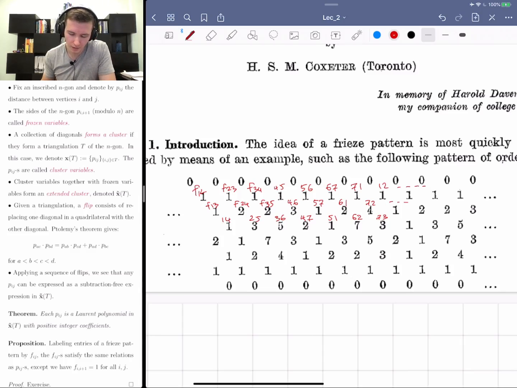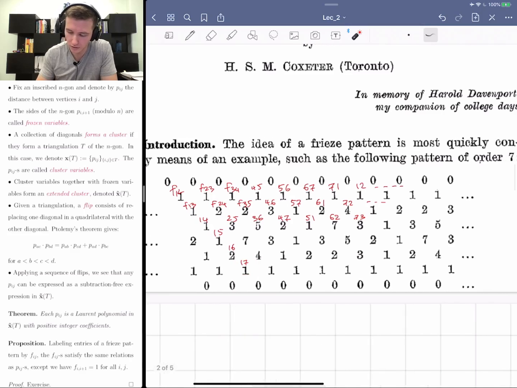So I'm going to label every entry of a frieze pattern by Fij. And so the ones are going to be labeled by the sides of my polygon, right? So I'm always taking the n-gon, where n is the order of a frieze pattern.